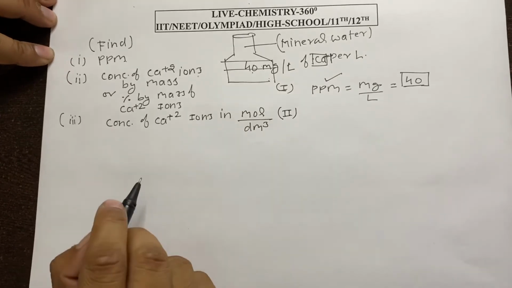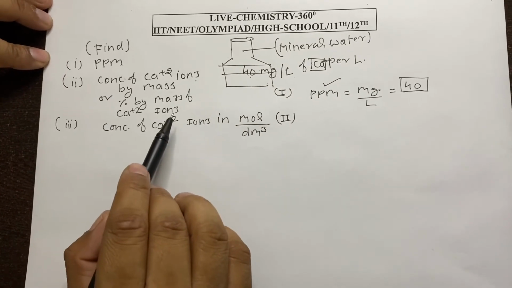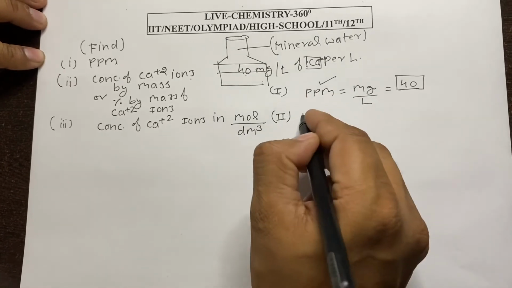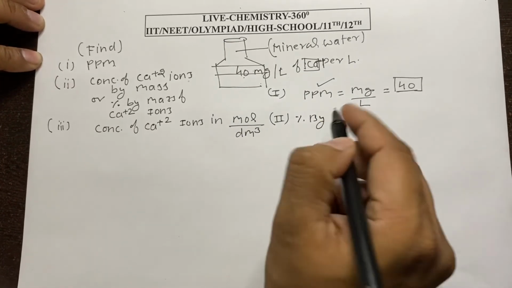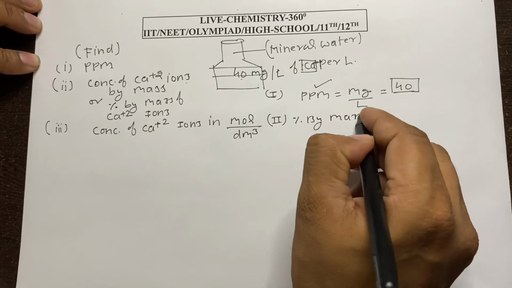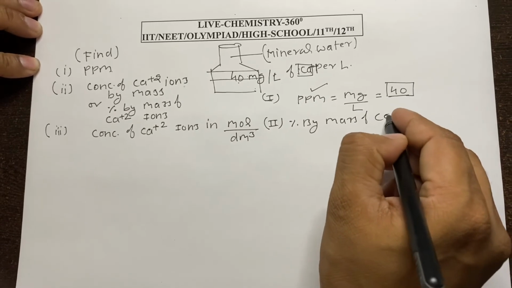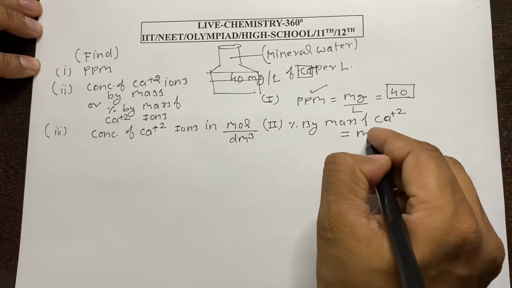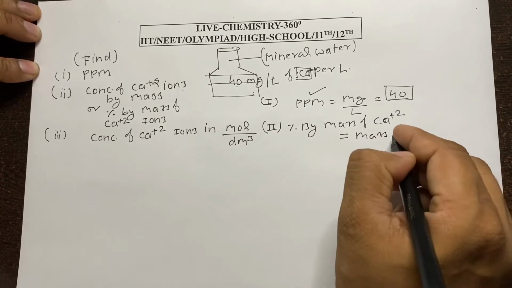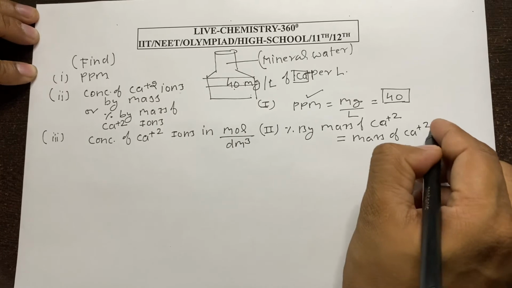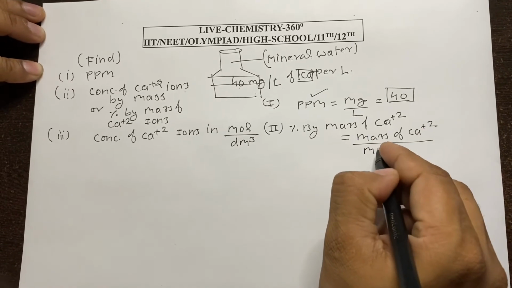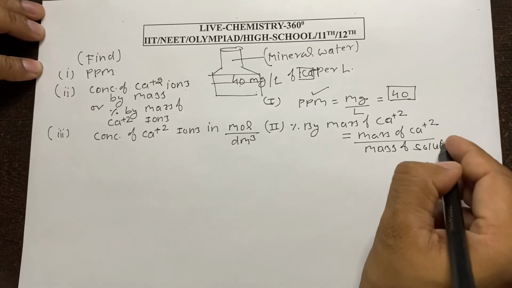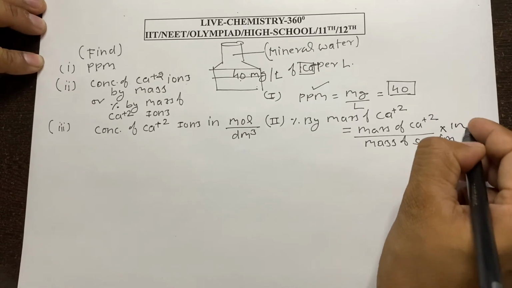Now it is required to calculate the percentage by mass of Ca+2 ion. So very obvious, percentage by mass of Ca+2 is the mass of Ca+2 divided by the mass of solution, into 100. This will be the expression.